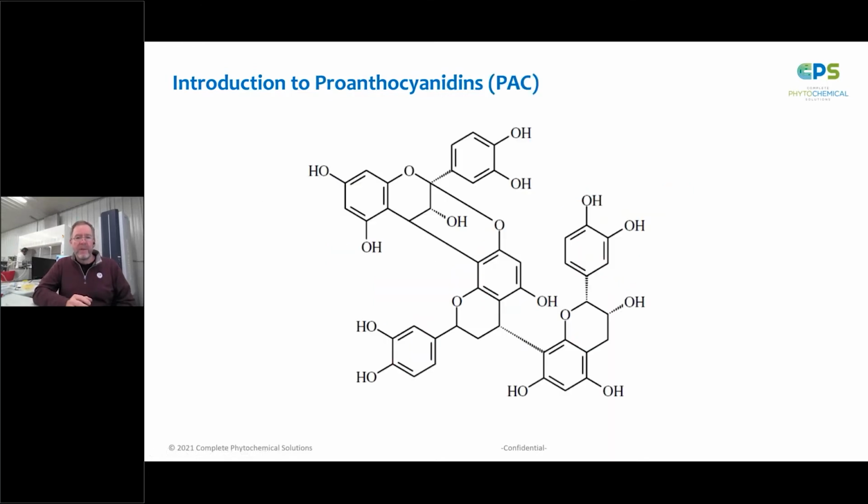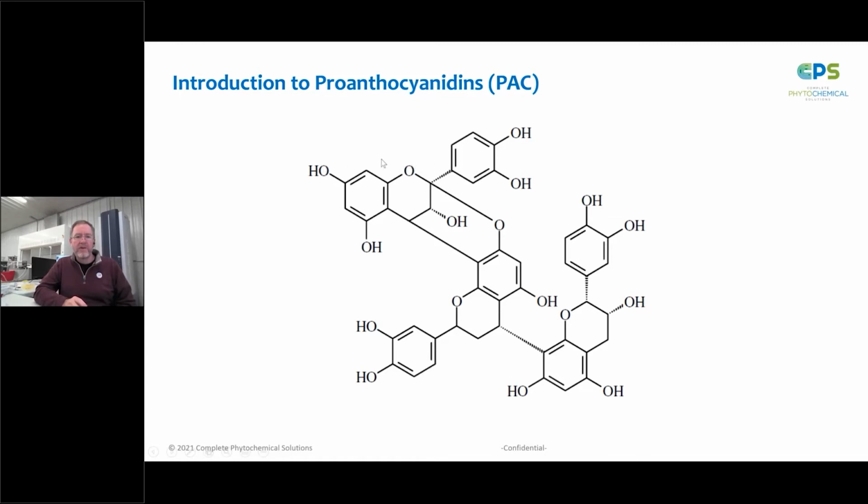The second class of compounds that we'll discuss, and where most of our effort today will be focused, is a class referred to as proanthocyanidins. Again, the nomenclature here is difficult, but anthocyanins are the single monomeric compounds that inherently have the positive charge and provide pigmentation. The proanthocyanidins are polymeric in nature.